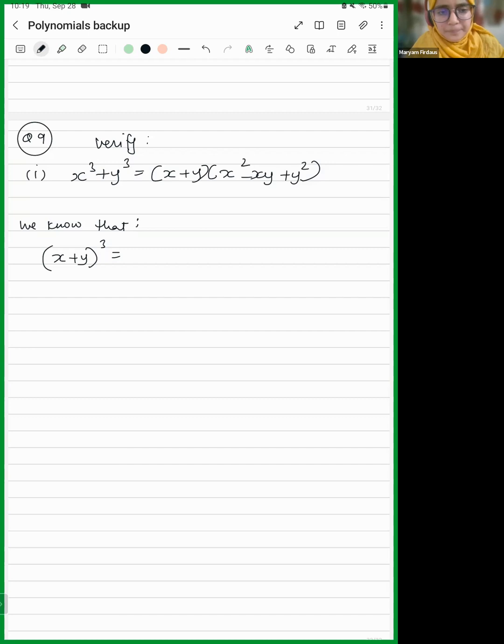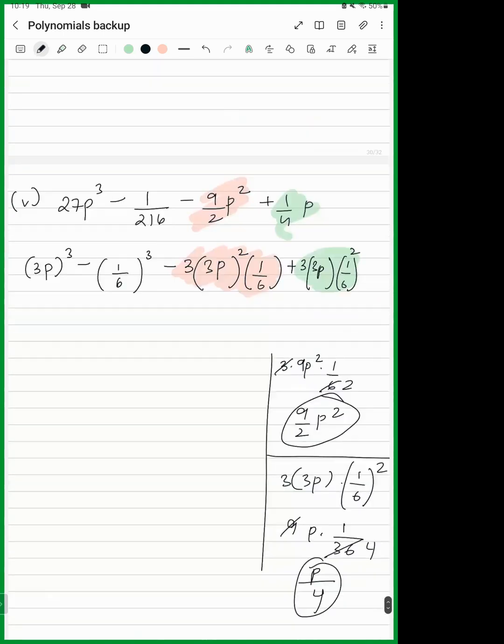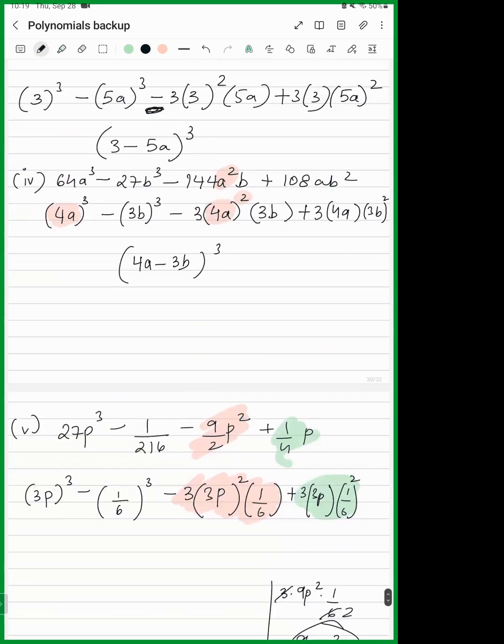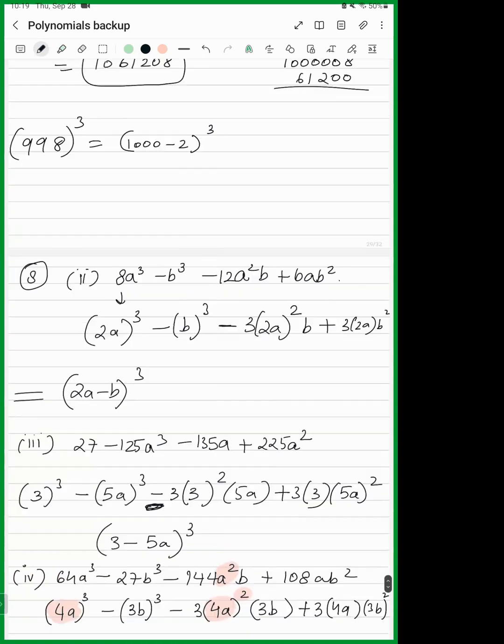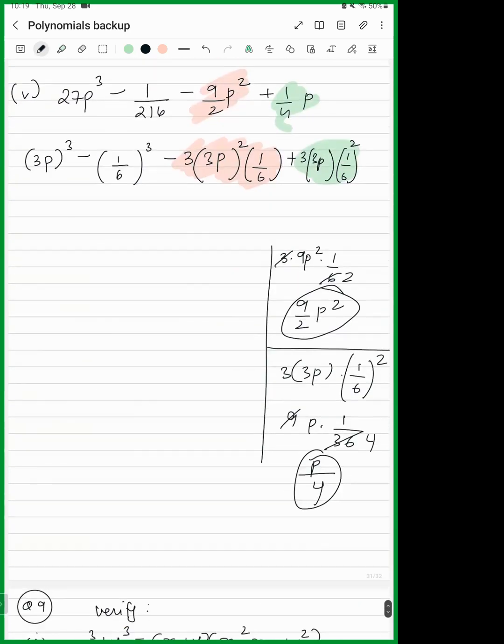But say, what is a plus b whole cube? What happened? You forgot so soon. We were just now doing this. All of these questions were based on this formula only: a cube plus b cube plus 3ab into a plus b.